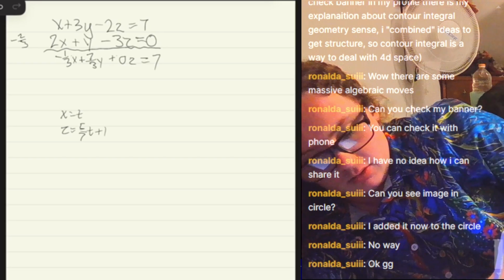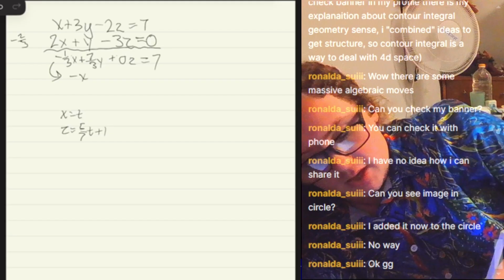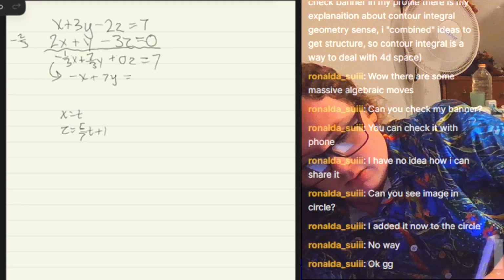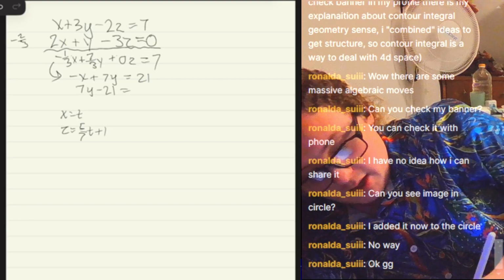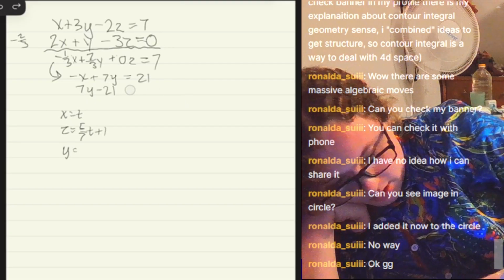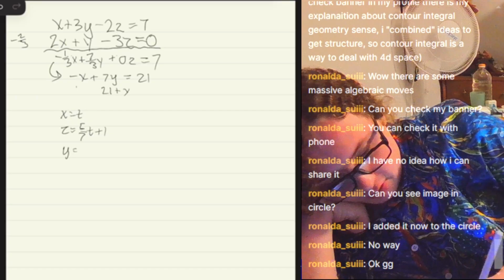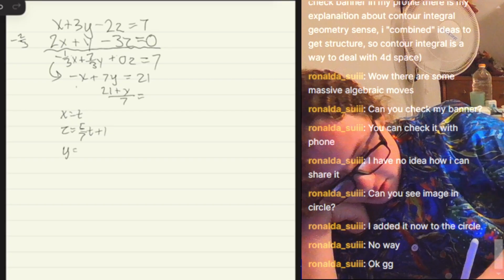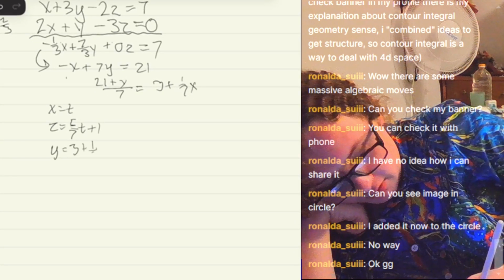And this is 7, so that tells us that we have negative x plus 7y equals 21. No, we need it in terms of y. So y equals 21 plus x over 7, which equals 3 plus 1/7 x. So y equals 3 plus 1/7 t.